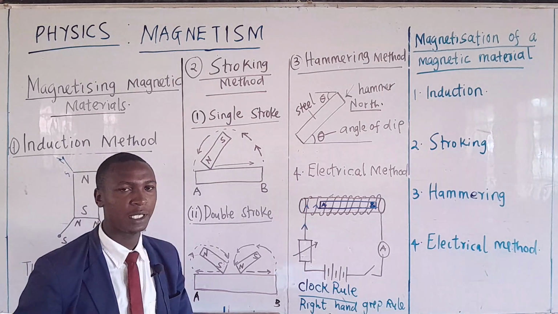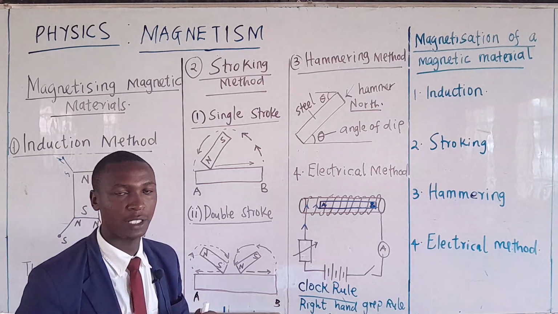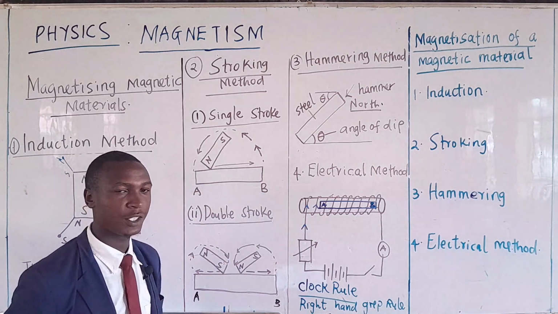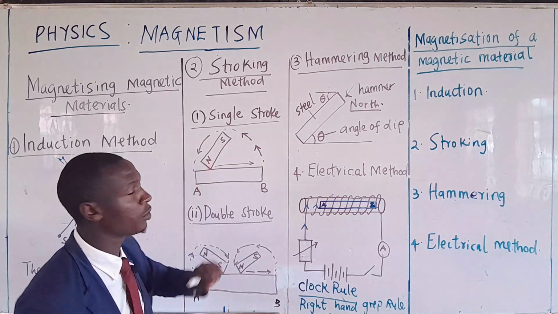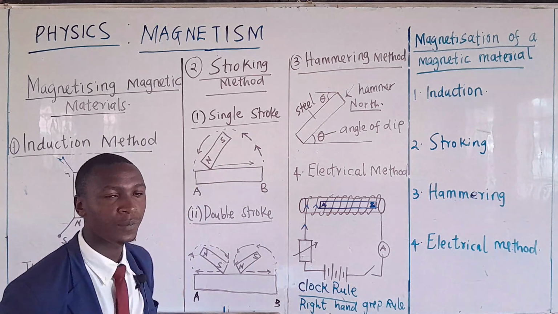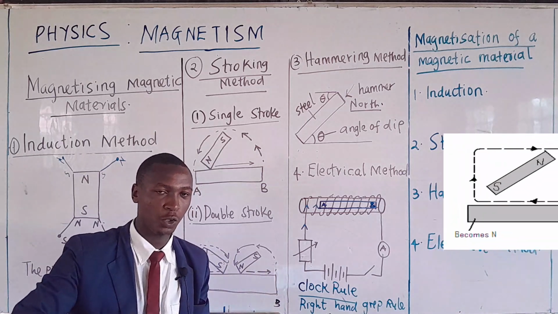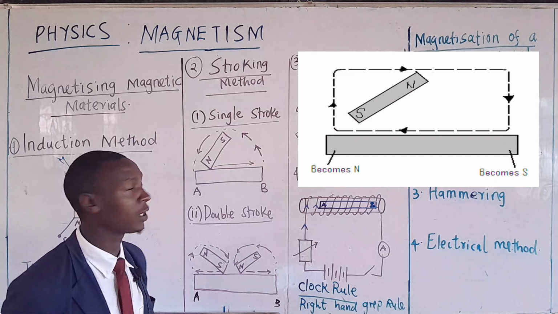Stroking means we are going to rub a magnet or a magnetic material using a magnet. We divide the stroking method into two. We have single stroke, where we use a single magnet to stroke a given material so that it can acquire some polarity.